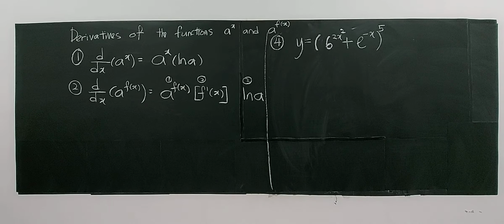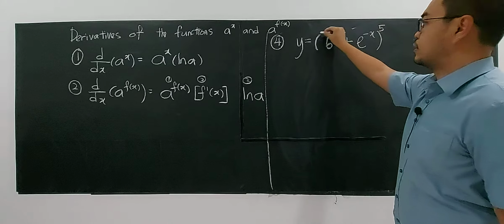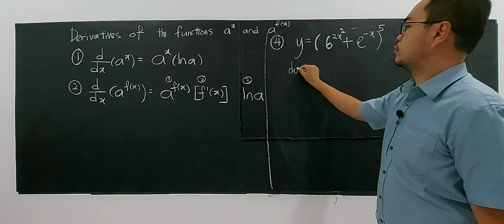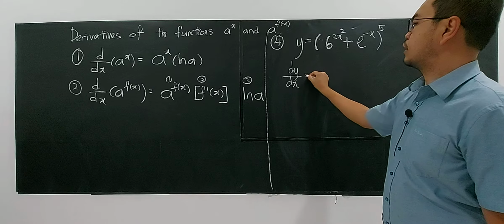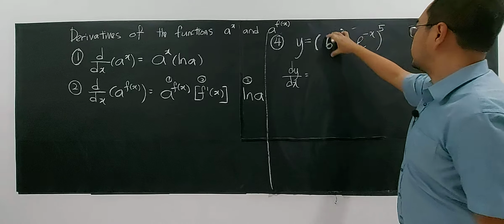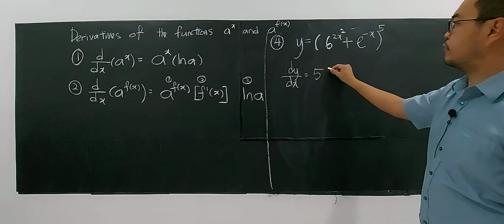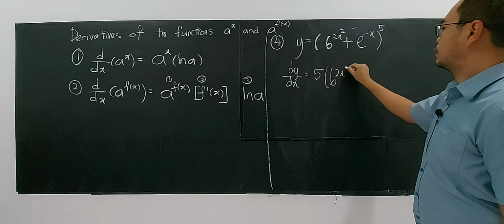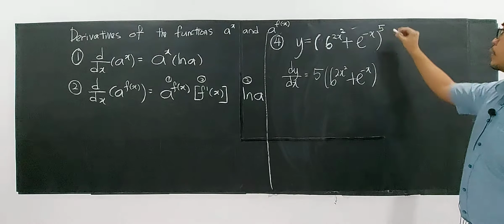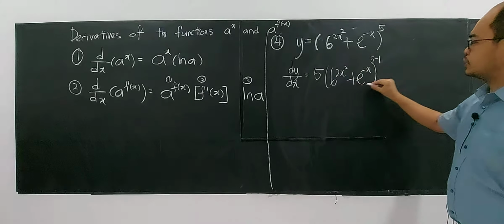Alright, let's look at this. It's the same thing, but this is everything inside a power. So this one will apply the power rule or chain rule. You have to deal with the power first, as everything is inside the power. We bring down the 5, copy back this, reduce the power by 1, and differentiate the function inside.